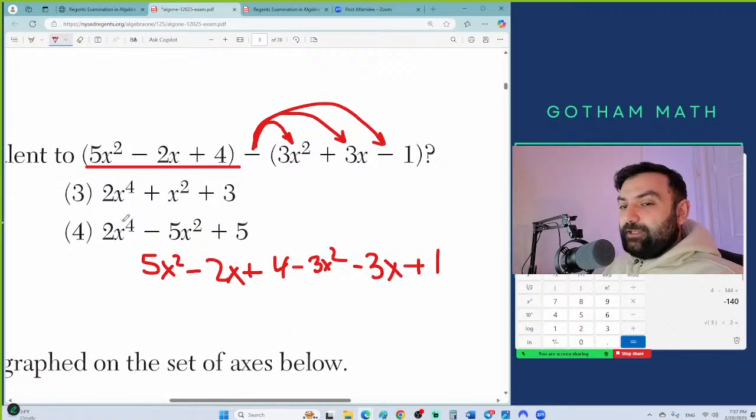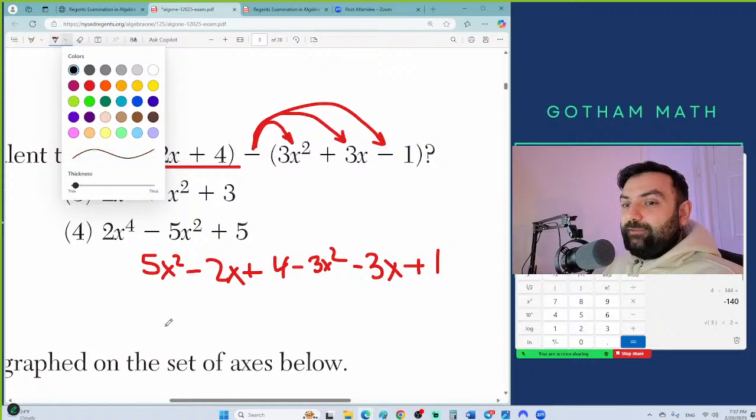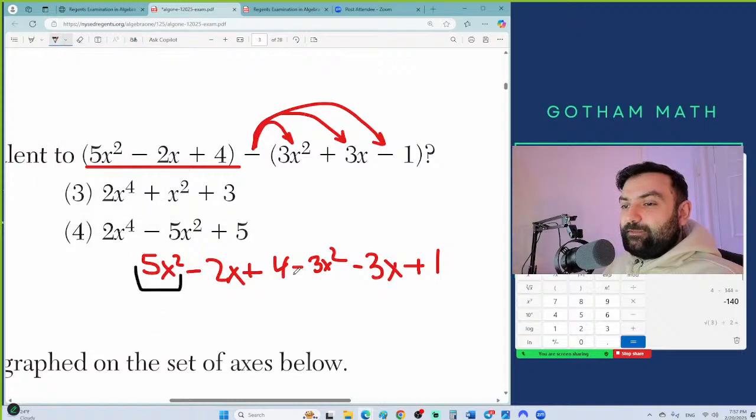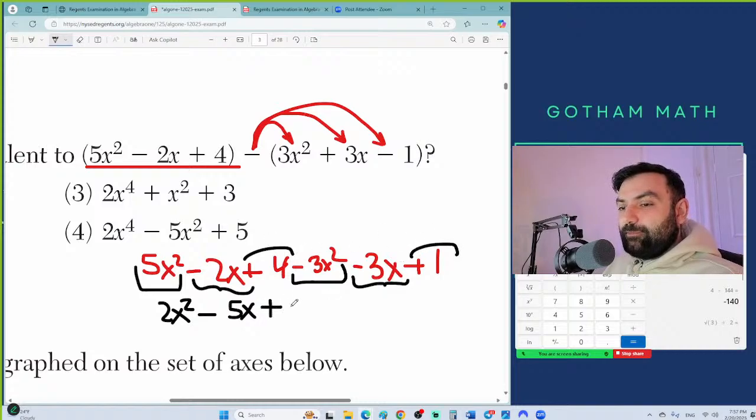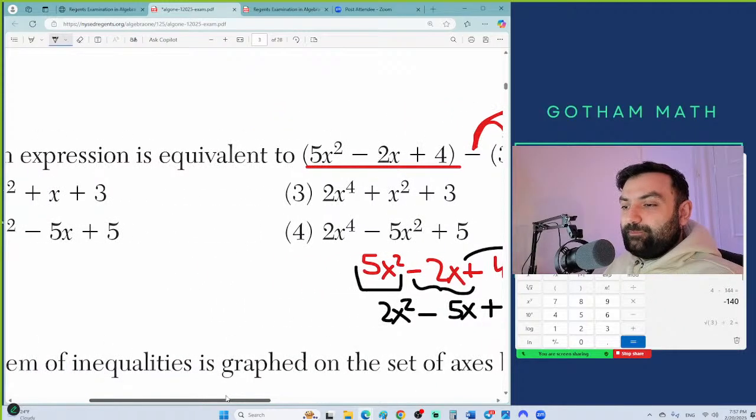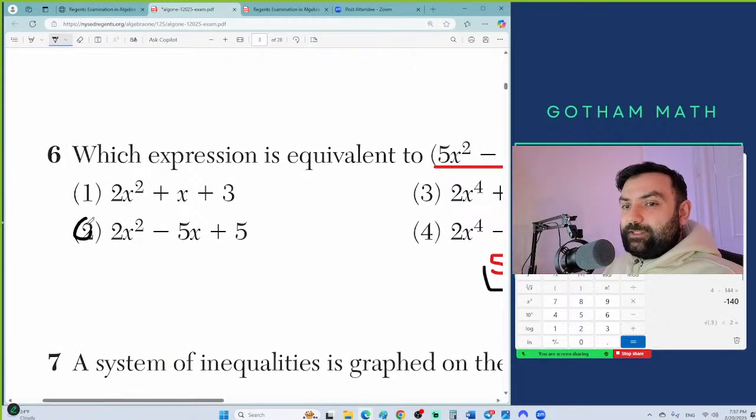Then you combine like terms. 5x squared and negative 3x squared is 2x squared. Negative 2x and negative 3x is negative 5x. And positive 4 and positive 1 is plus 5. That's all we need to know how to do. The answer is 2.